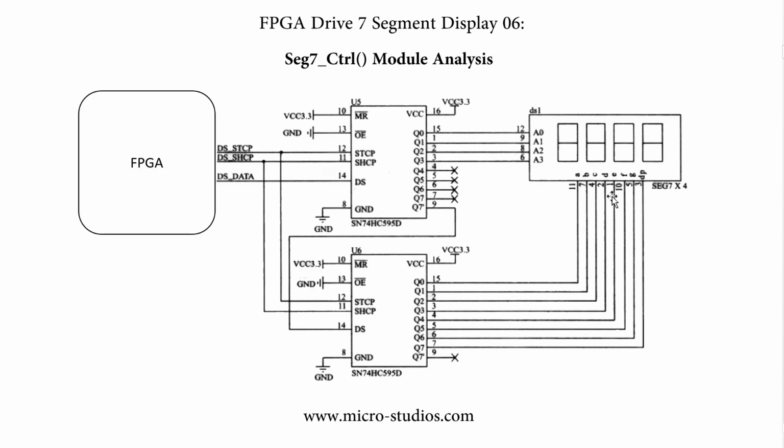As you see here, the 4 displays 1, 2, 3, 4 share the A, B, C, D, E, F, G, DP bus. This is for each LED inside the display.